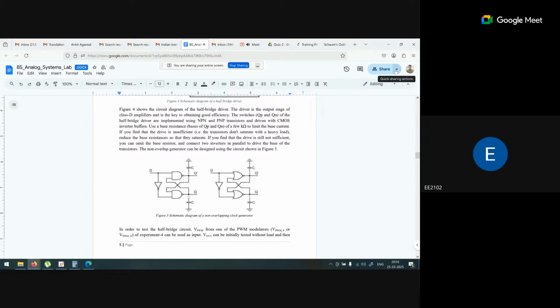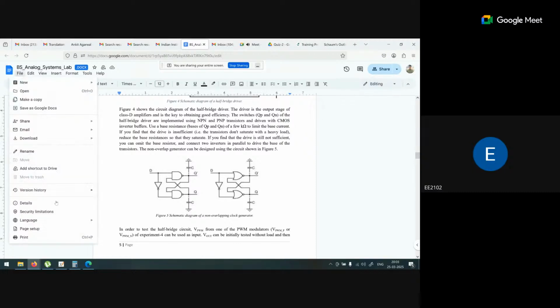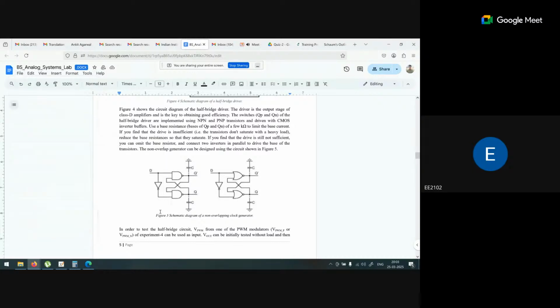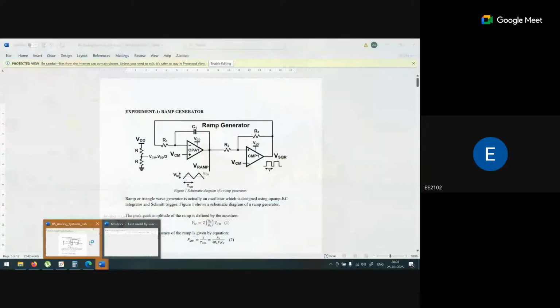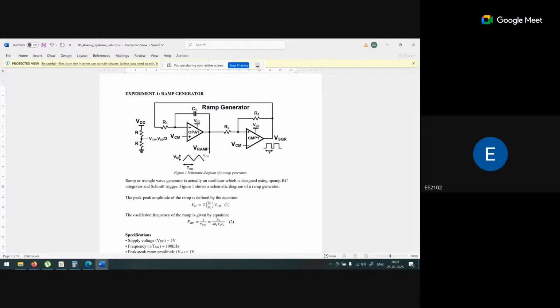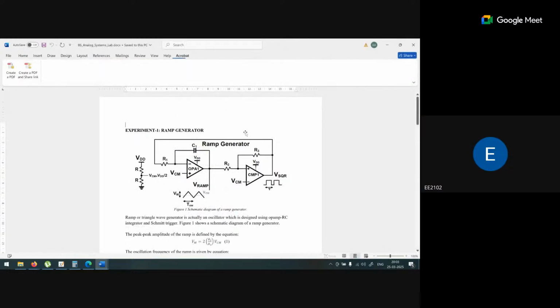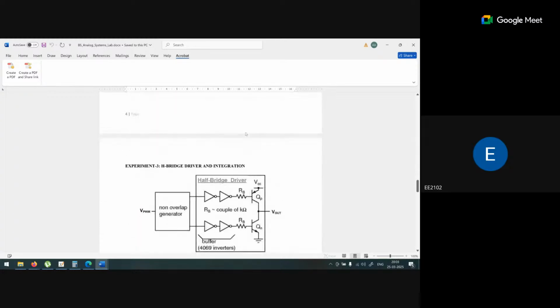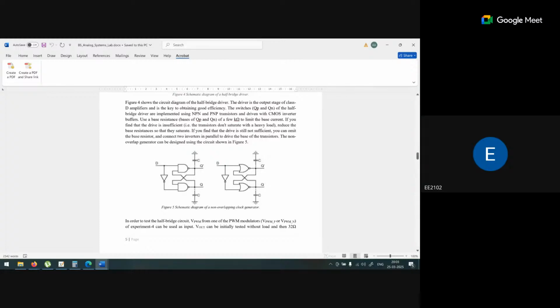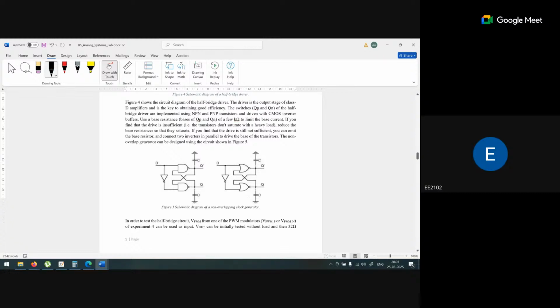For example, with the Q, we are getting a waveform in this way, any PWM.